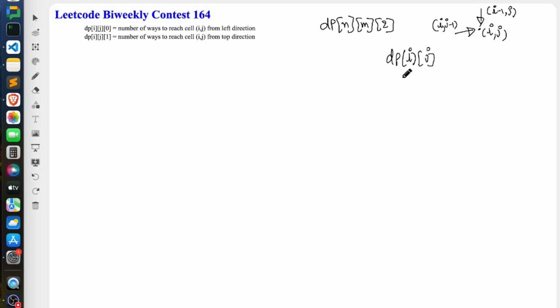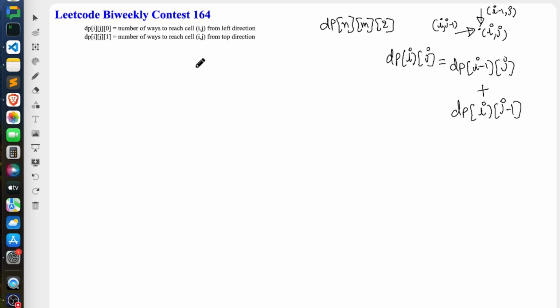So the recurrence relation was dp of i j equals dp of i minus 1, j, the total number of ways to reach the top cell, plus dp of i comma j minus 1, the number of ways to reach the left cell, the sum of these two. So this was the recurrence relation for the easier problem.